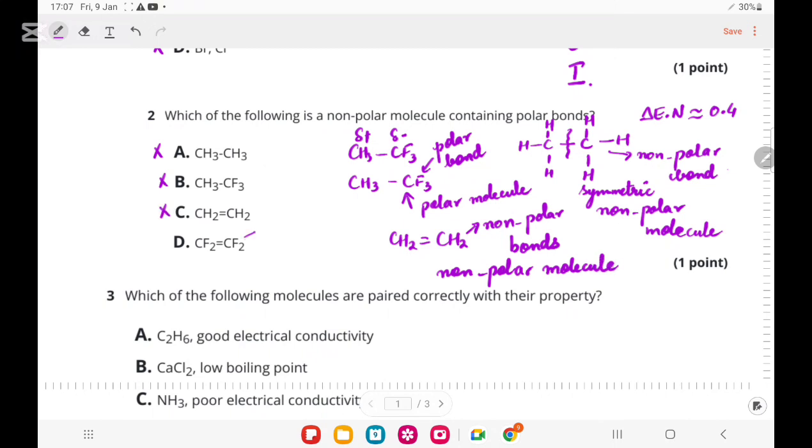While if we see these options, we know CF bonds are polar bonds, while the molecule is also symmetric because the same atoms are on both sides. They would cancel out the polarity effect, and the net dipole moment is zero, which makes it a non-polar molecule.